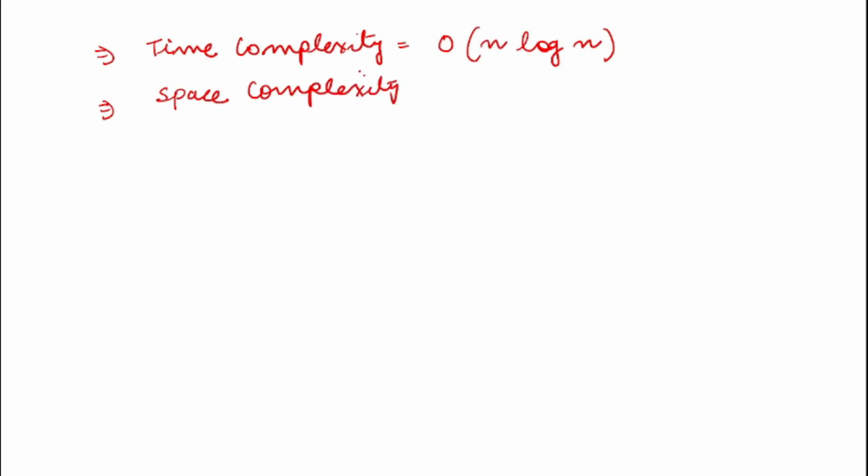The space complexity means you count the number of nodes in the tree, and it is nearly order of n. So this is basically the space required to represent the entire tree, which is order of n. So this is the time complexity and this is the space complexity.